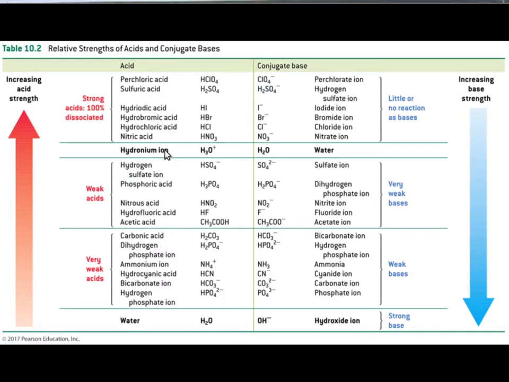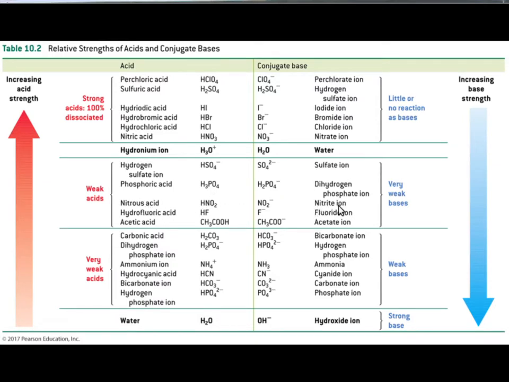And then you'll notice the hydronium ion itself is going to separate the weak acids from the strong acids. Let's look in sort of the middle of the weak acids. There we have the nitrous acid. Its conjugate is the nitrite ion. And the nitrous acid is kind of just barely on the strong side of the weak acids.